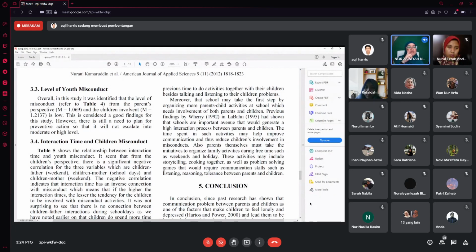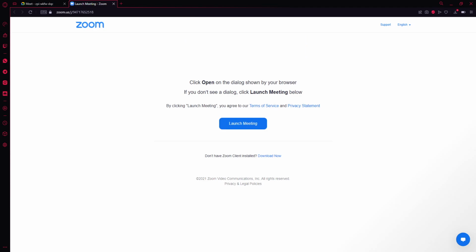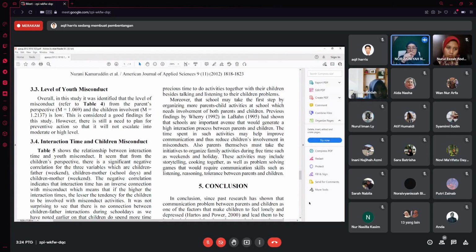Descriptive analysis is very much like looking into the mean, mode, and median. You can see this terminology is used. The M is actually mean.